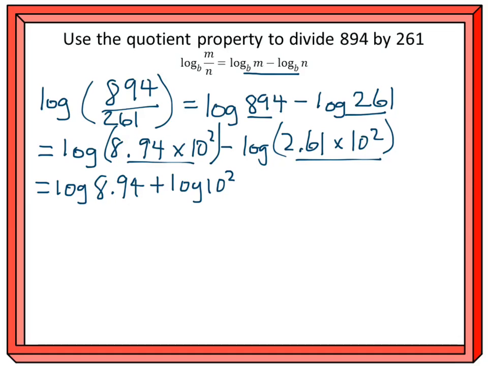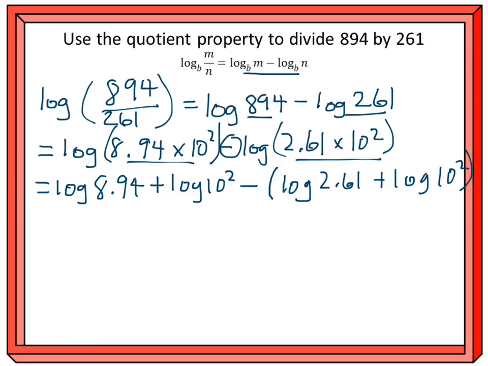Now do the same thing on the second one, minus, and now this is going to be in parentheses here because I have to distribute this negative sign to both of these when I use the product property. So log of 2.61 plus the log of 10 squared.